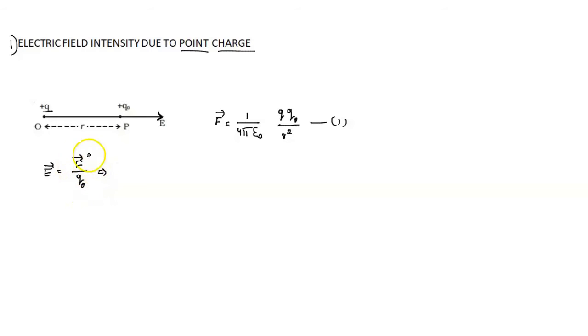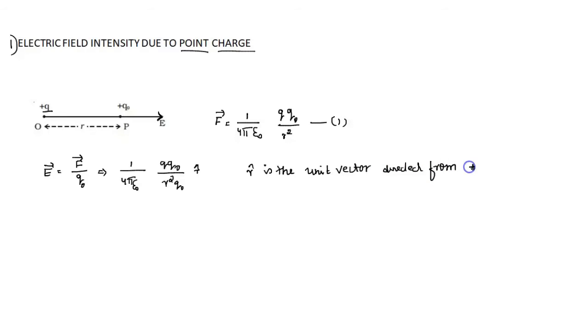So substituting the equation for F, that is 1 divided by 4 pi epsilon naught Q Q naught divided by R square, we need to consider the R cap unit vector, where R cap is the unit vector directed from plus Q to plus Q naught.